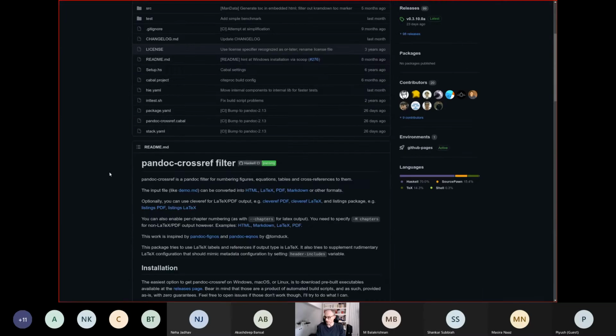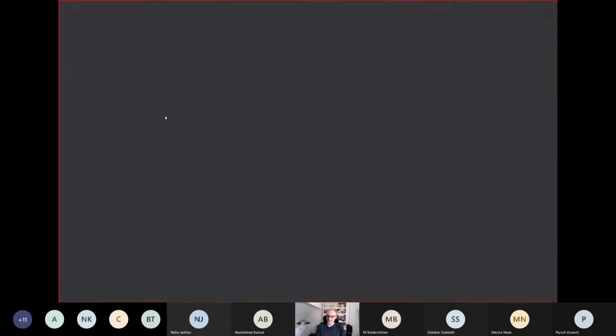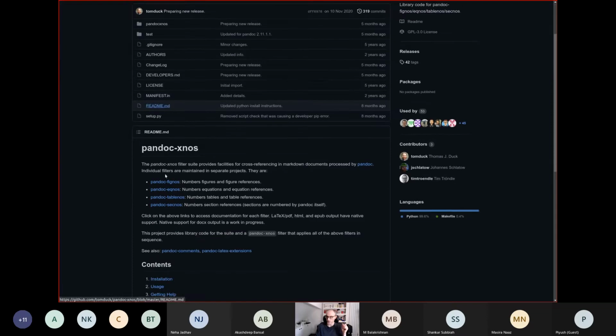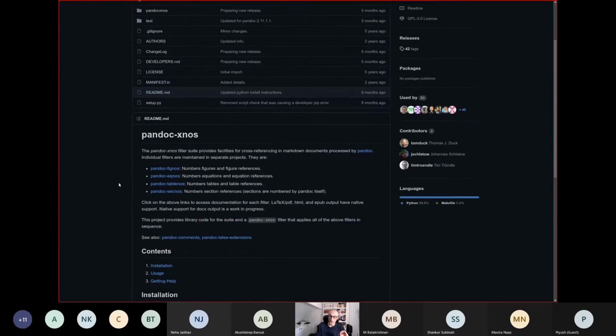That might have been the one we've just been to. Yes, that's the one we've just been to. There are others like XNOS, which is particularly useful if you have equation numbering and references to equation numbering, table numbering, figure numbers, so you automatically get the links between these elements.